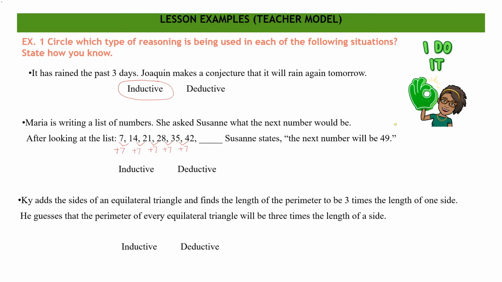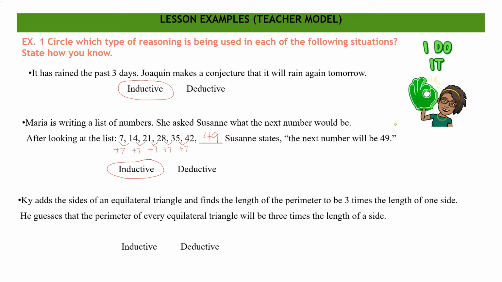And if we use this pattern from the previous numbers, if I add 7 to 42, guess what I'm going to get? I'm going to get 49. So that means Suzanne's hypothesis, based on observing the pattern, was correct, that the next number would be 49. So we can call this inductive reasoning as well, based on her pattern.